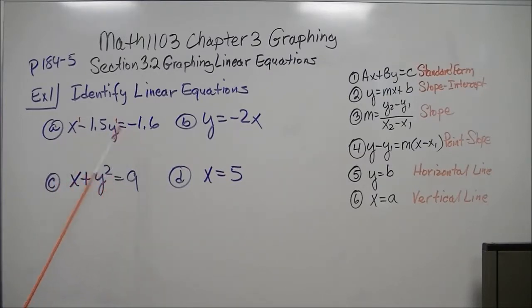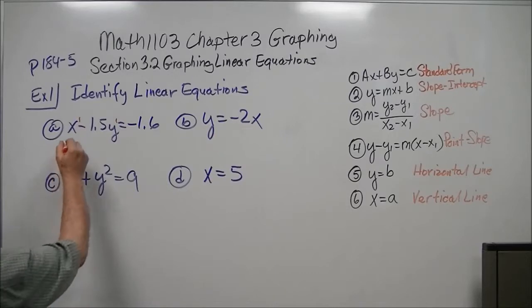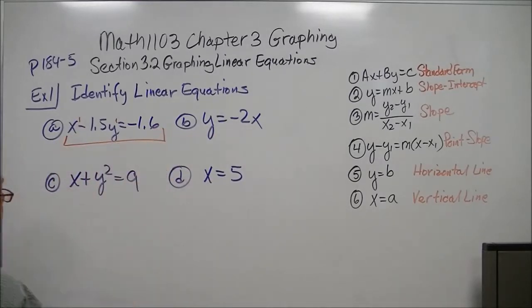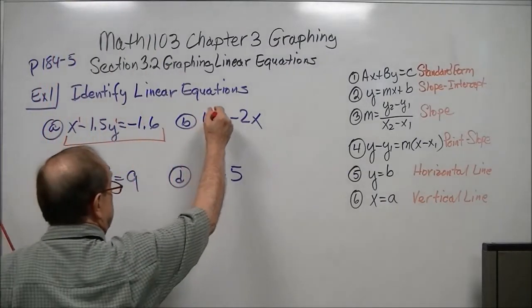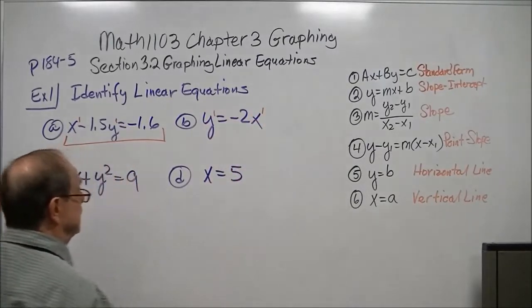This is linear. So the ones that are linear, I will underline. That's linear. And by the way, this one is in standard form, x, y equals a constant. Now again, our exponents here are a 1 and a 1.